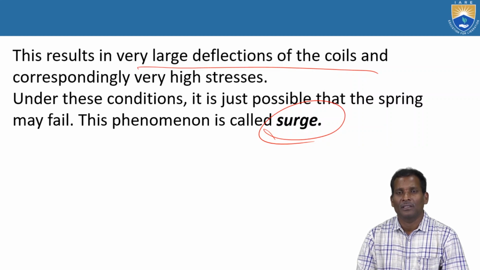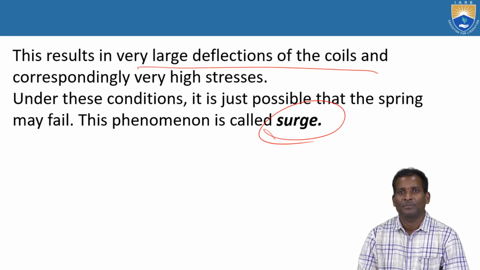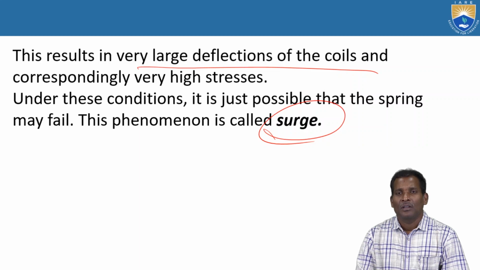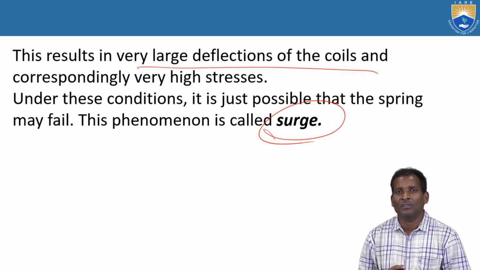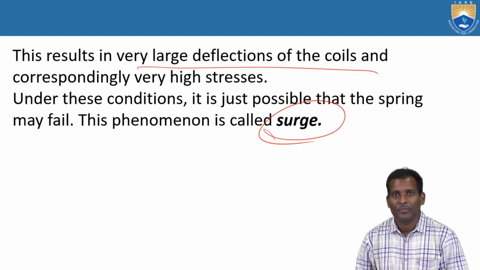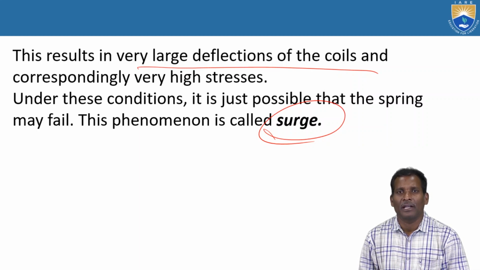That's why in springs you need to calculate the frequencies. So what is the natural frequency of the spring? Due to this property, surge will occur, and the component will fail. The entire phenomenon is called surge.